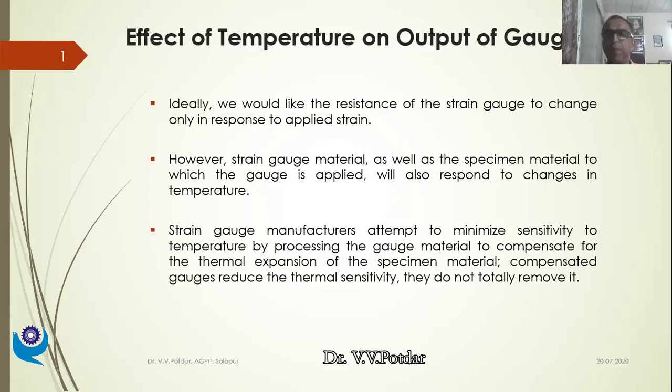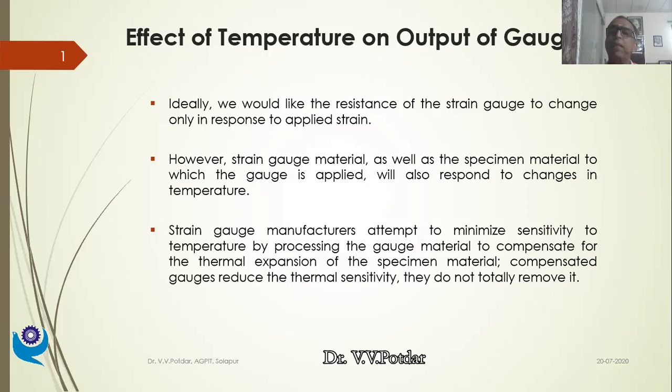So what is the difference between the specimen strain gauge and this plate strain gauge? The specimen strain gauge is subjected to loading, whereas this plate strain gauge is not subjected to loading. So what do you mean by that?